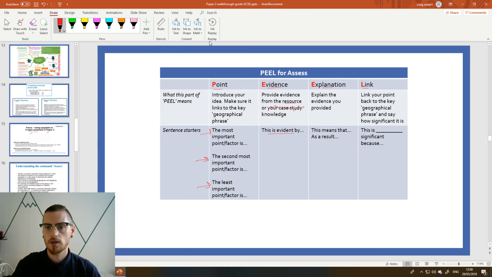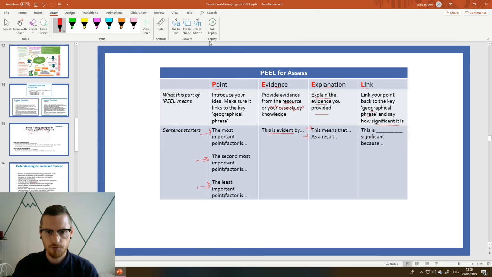Use information from the resource. Use your subject knowledge to explain the evidence you provided. And again, use my key phrases, this means that, and as a result. And then you're going to link back to the question, that's the L. So you link back to the key geographical phrase and see how important that point is. And you use the phrase, this is minimally or averagely, massively, greatly significant. Significant means importance.